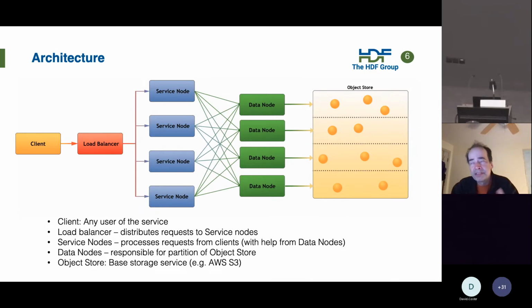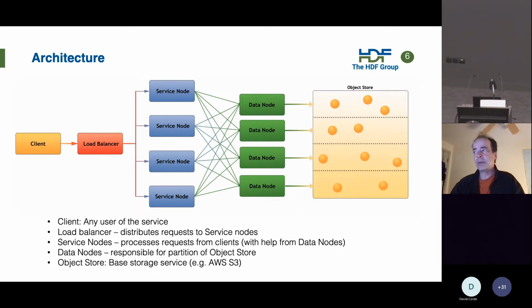And in this kind of high-level architecture, we have on the right an object store. So recall that each chunk is stored as a separate object. And within this object store, there's this virtual partitioning. The number of partitions will be based on the number of container nodes, these data nodes we have in the middle. So each data node owns exactly one partition.